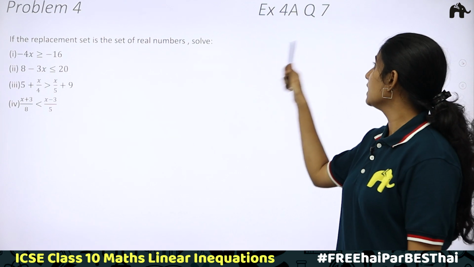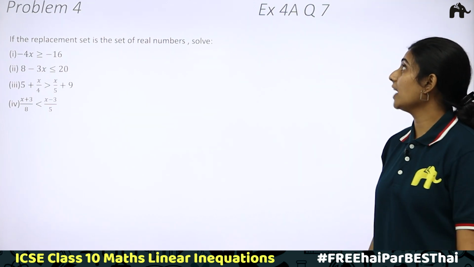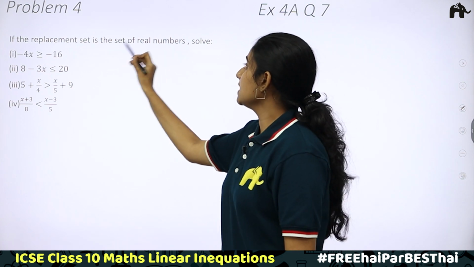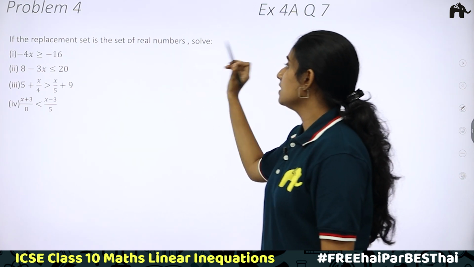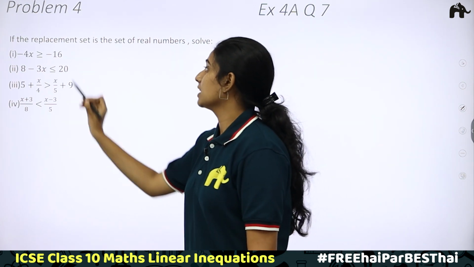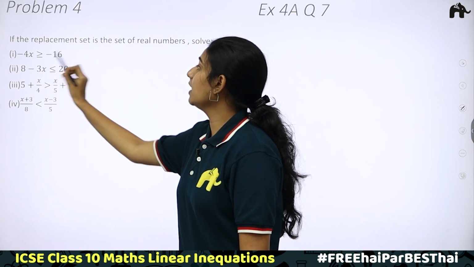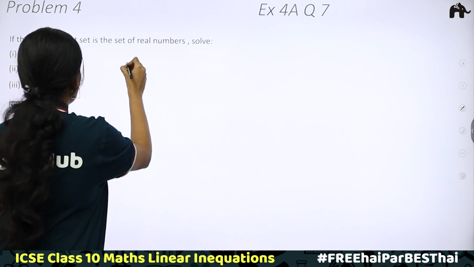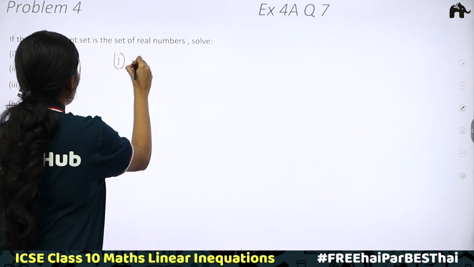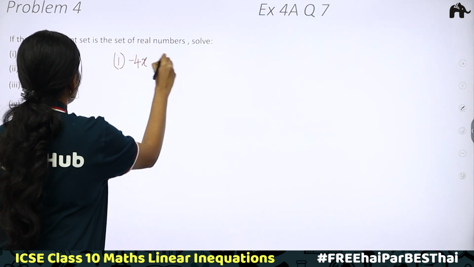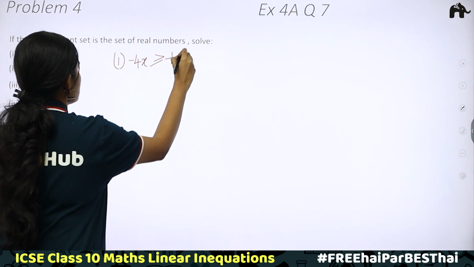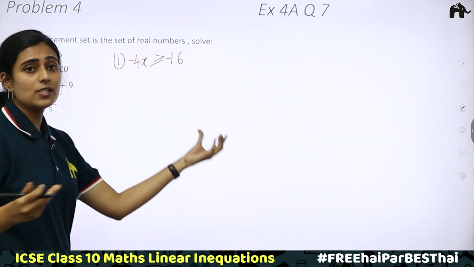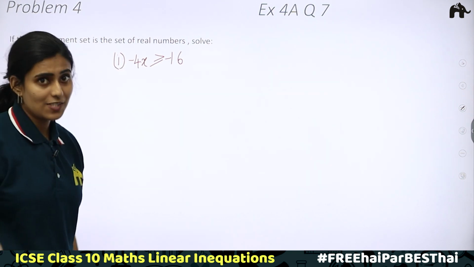Okay. Let's move on to the next question. Problem number 4. Question number 7 of exercise 4A. If the replacement set is a set of real numbers, solve the first question: minus 4x greater than or equal to minus 16. Now we are experts in solving, right? We have to divide on both sides by minus 4.